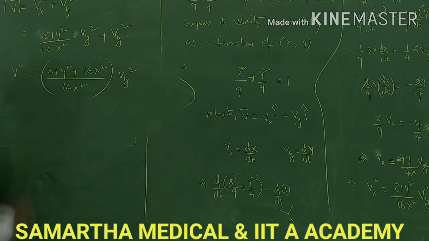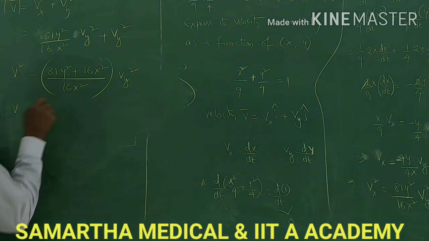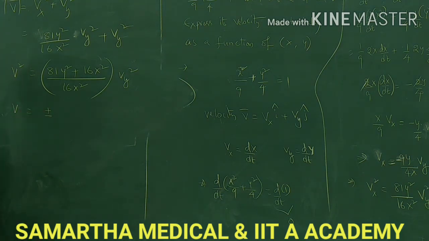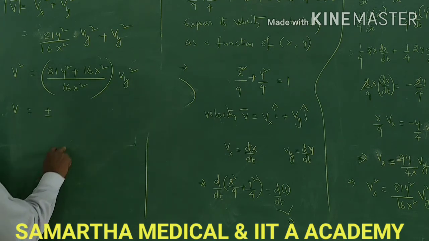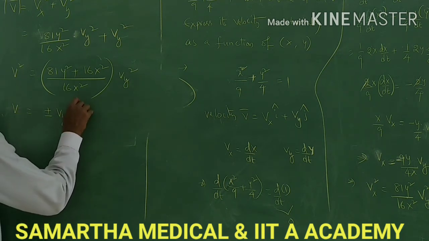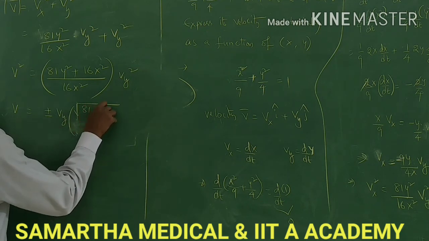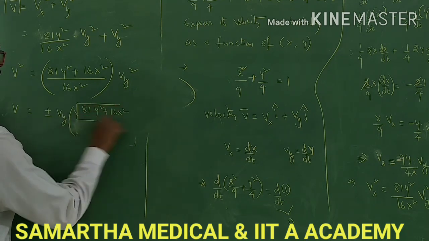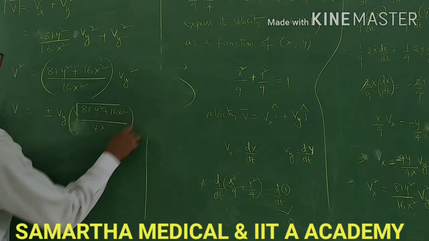That is v square. I want v, which is the root of this, so v equals vy into root over 81y square plus 16x square by 4x.